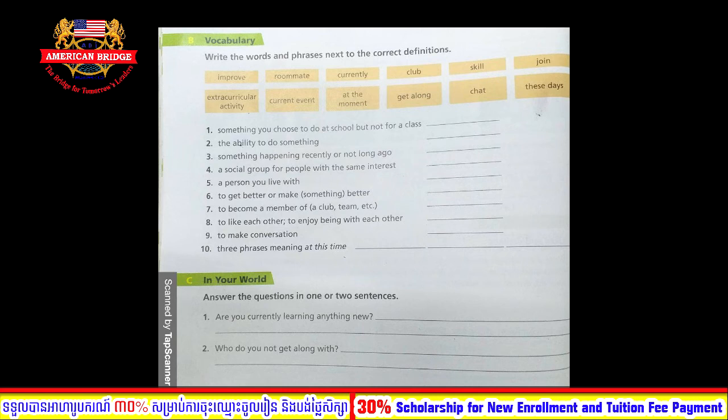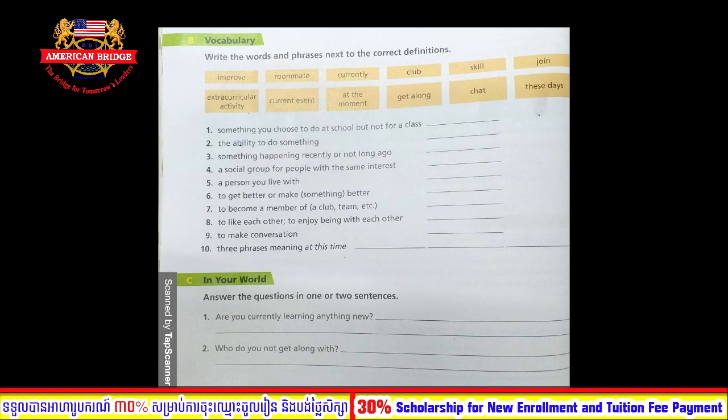Alright, number 1. Something you choose to do at school but not for a class. Number 2, the ability to do something. Number 3, something happening recently or not too long. Number 4, a social group for people with the same interest. Number 5, a person you live with. Number 6, to get better or make something better.